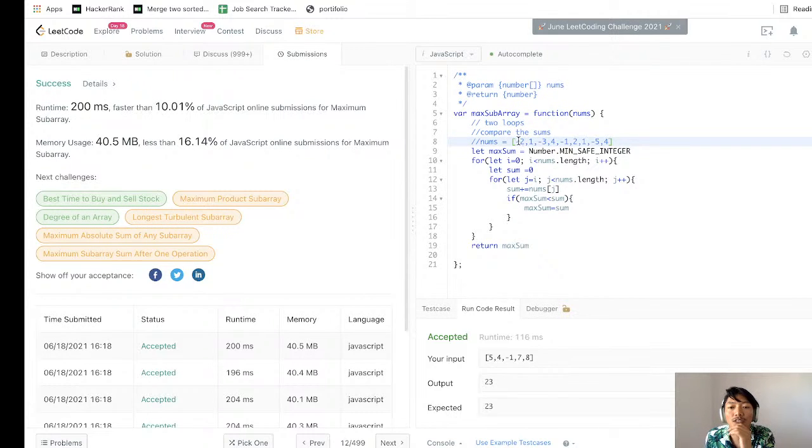We are adding 2, plus minus 2, plus 1, plus minus 3 as j increments. So we are adding 2, minus 2, 1, minus 3, minus 4, minus 1, 2, 1, minus 5, minus 4, right? At the first round we added all of them.